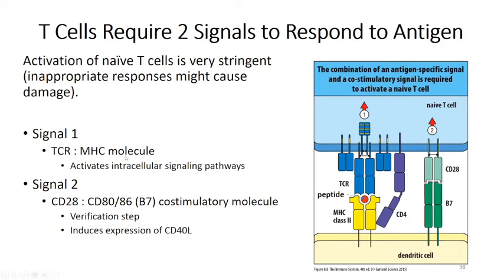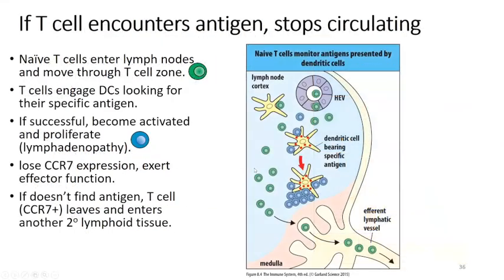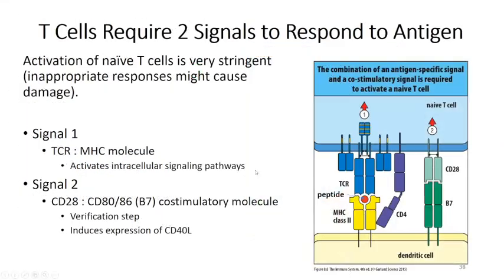First signal is antigen. That sends signal 1 through the T cell receptor to the T cell. Signal 2 is sort of analogous to the B cell. You have to have a second signal, and the second signal is received through this molecule, CD28, which comes up during T cell activation.